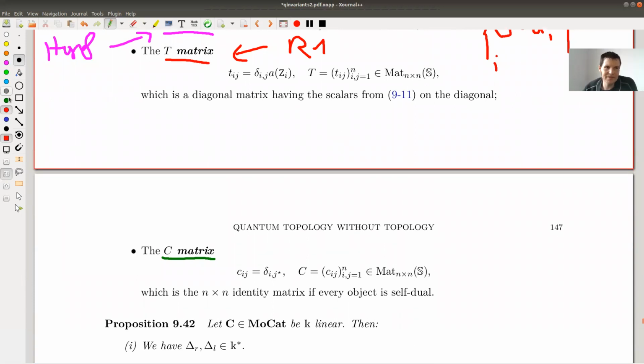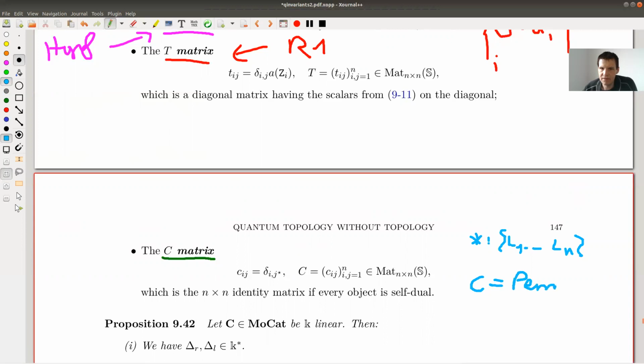And the C matrix is a little bit, yeah, it's a technical thing. Duality defines a bijection on the simple objects, and the C matrix is a corresponding permutation. You might have seen this in various instances.